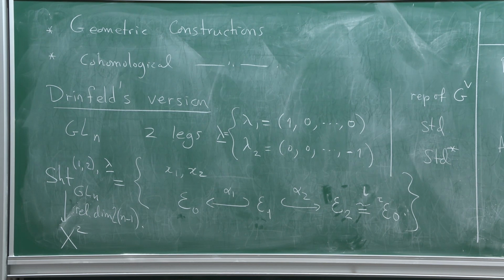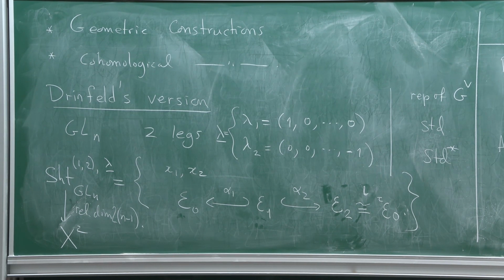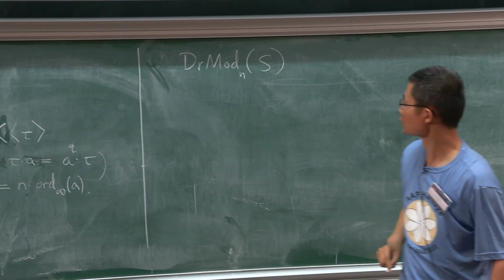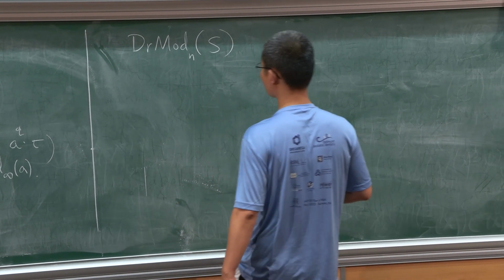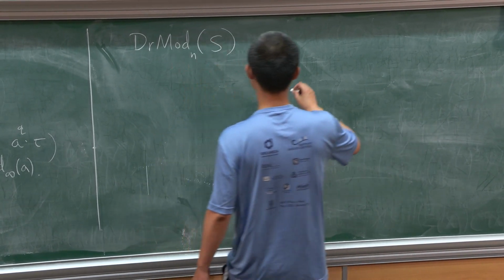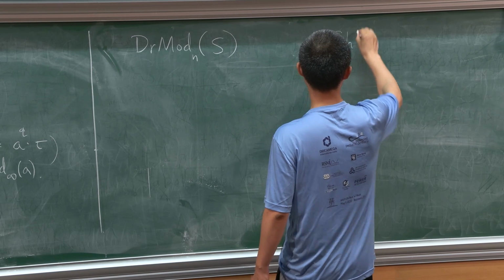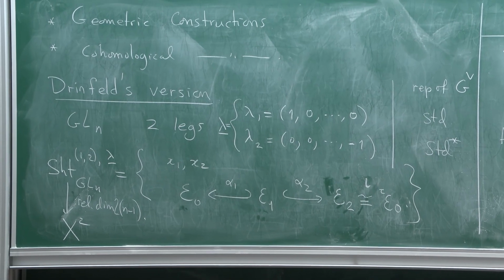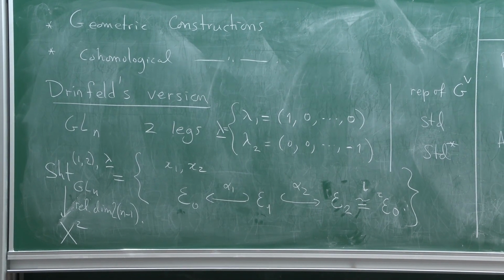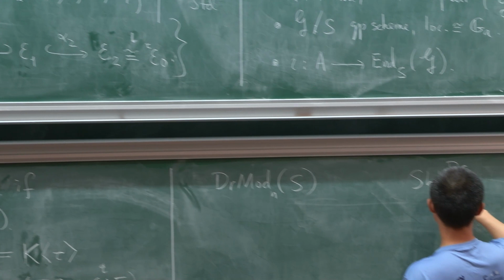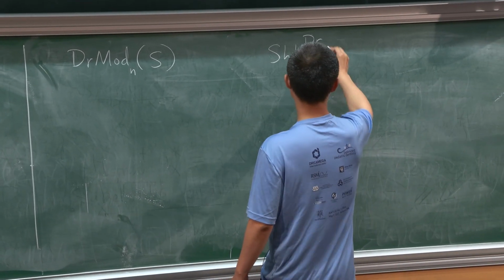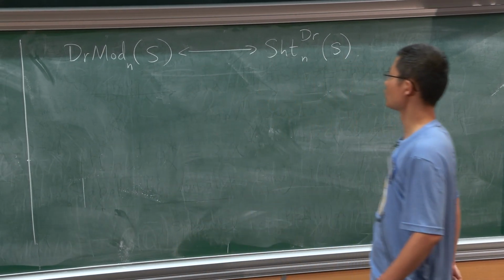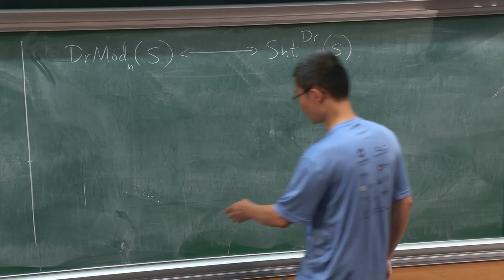So we have Drinfeld modules of rank n over S. So this is the groupoid of Drinfeld modules, rank n over S. On the other hand, I'm going to introduce a variant of this kind of Shtuka, also decorated by Drinfeld, also rank n. So they will turn out to be equivalent as groupoids.